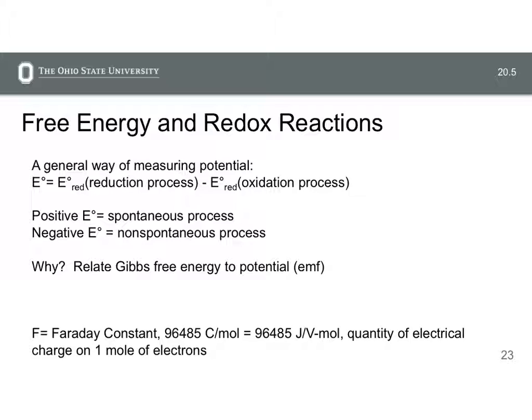What I want to stress is that you don't always have galvanic cells. So you may see an equation where it's just the standard potential is equal to the standard reduction potential for the reduction process minus the standard reduction potential for the oxidation process. This is the same equation, just slightly different nomenclature, so you're not stuck in the thought that it's a galvanic or voltaic cell.